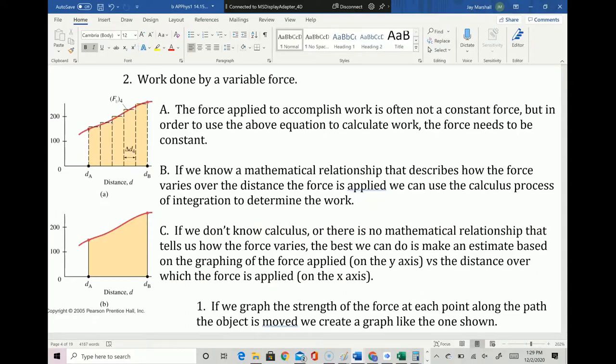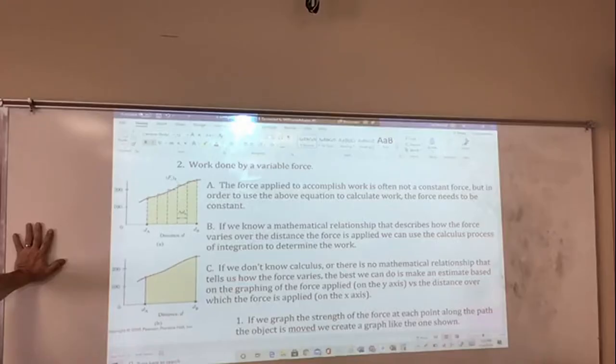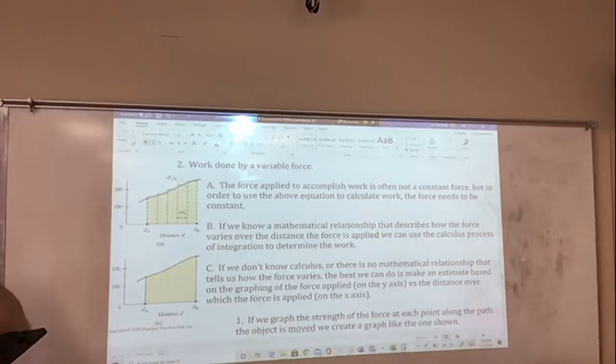If distance is 0, I don't do any work. I can push on this all day, and you would say, well, yeah, you're doing work, you're pushing on it, you're using a force, but no, I'm not moving at any distance, so I'm not doing any work on it. Okay, it's got to move in order to accomplish that.